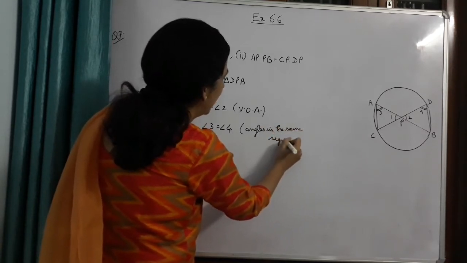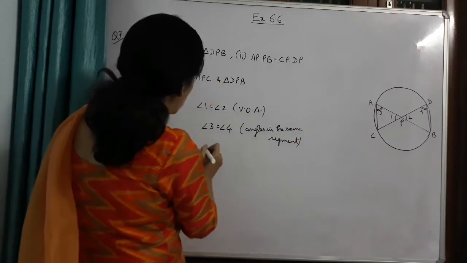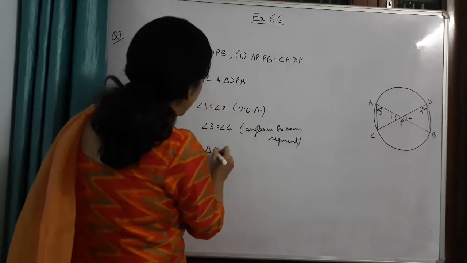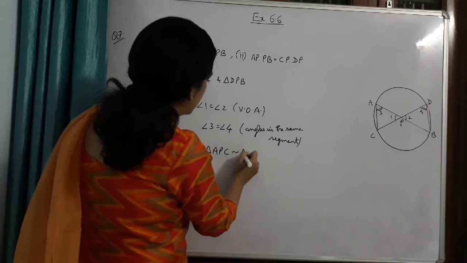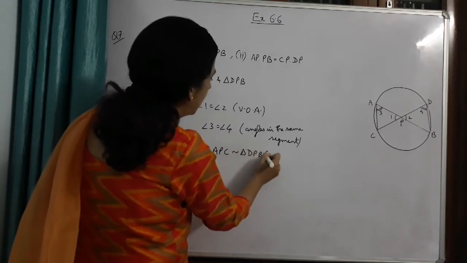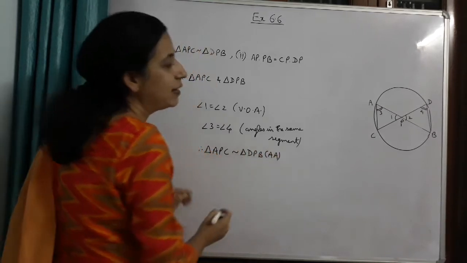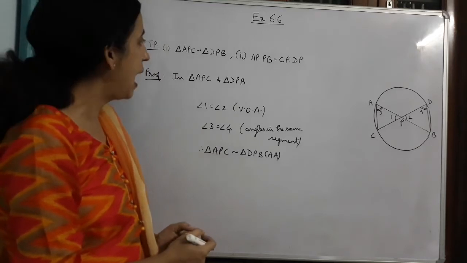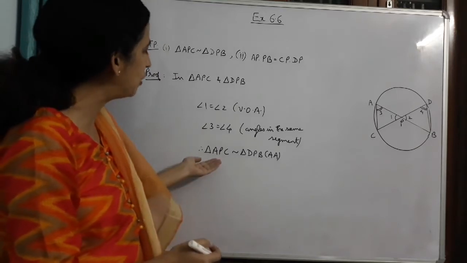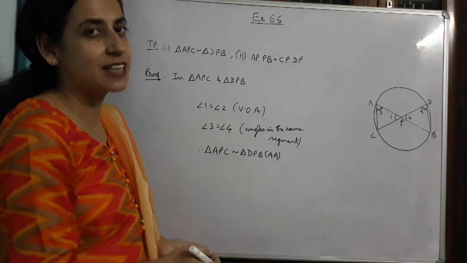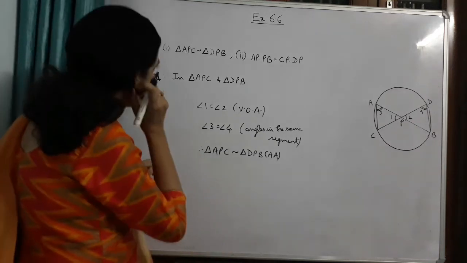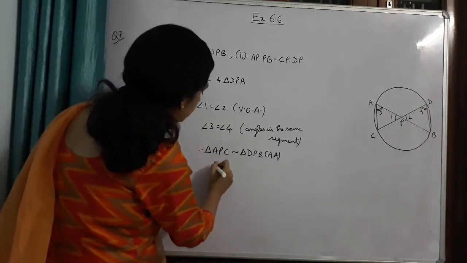So we can say that triangle APC is similar to triangle DPB by AA criteria of similarity. And if the triangles are similar, then definitely corresponding sides are proportional. So let us take the ratio of the sides.